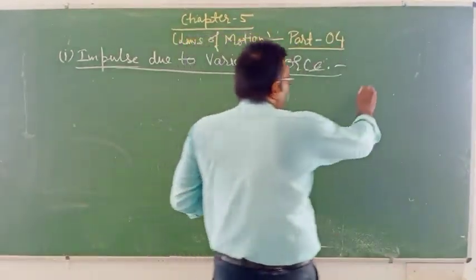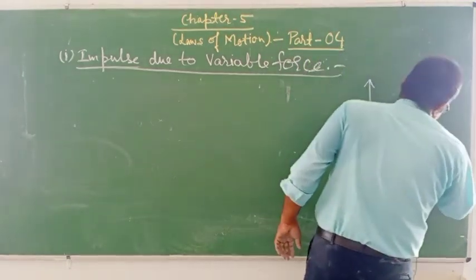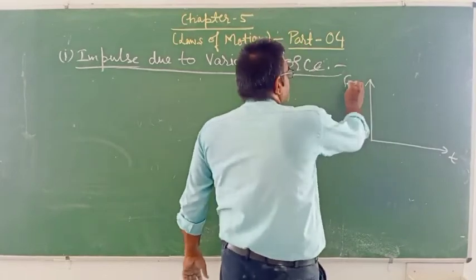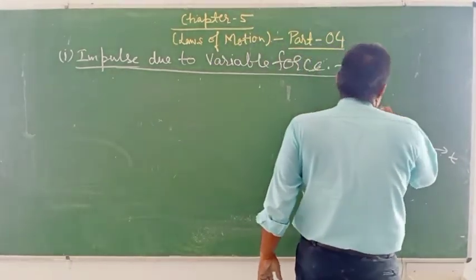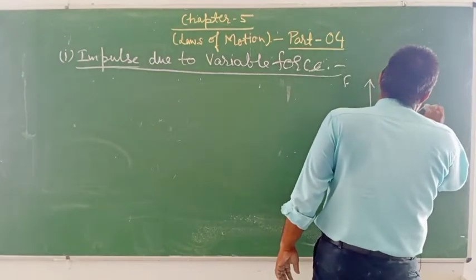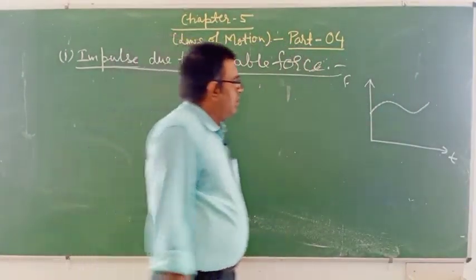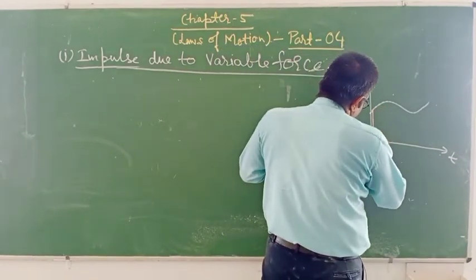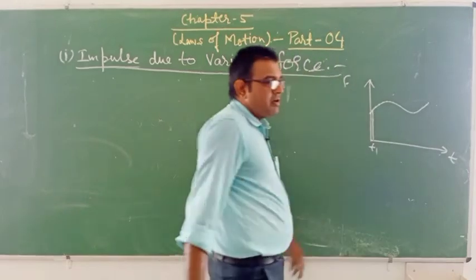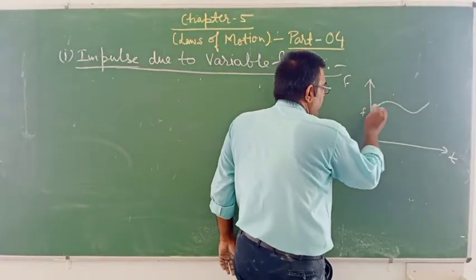So first of all we will draw the graph. This is time and this is force, and this might be the nature of the graph. Now look here. At this time interval T1, the force is F1.